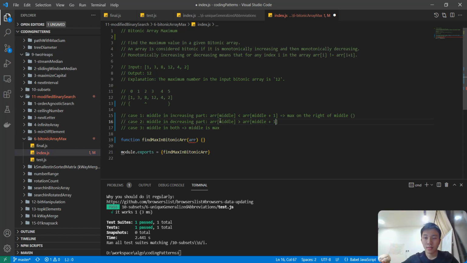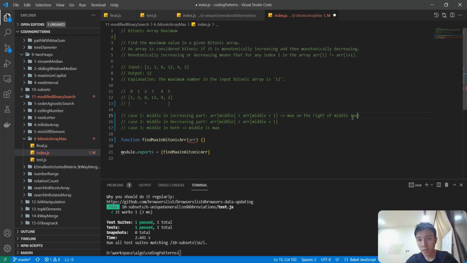So what does it mean? If the middle is in the decreasing part, it means the maximum will be on the left of the middle.